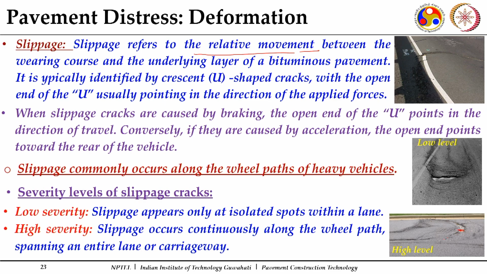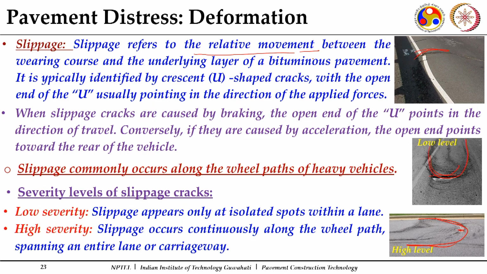Here also you can see the top course has moved, this has failed. It has torn off, and when this has torn off, you can observe the cracks which form a typical shape. You can see this is a half moon shape, or I can say a crescent or U shaped crack.